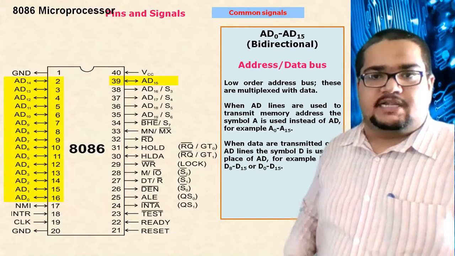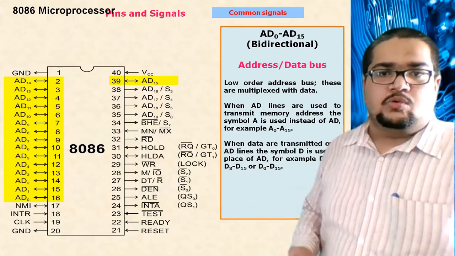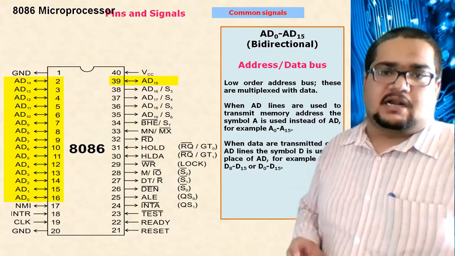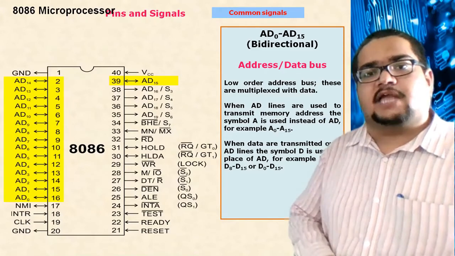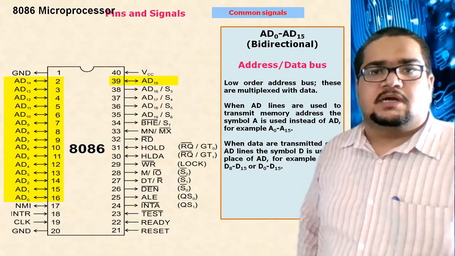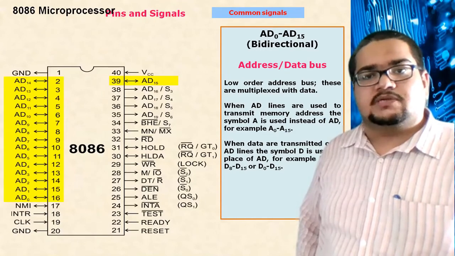There are a total of 20 address lines and 16 data lines. Now, 16 lines are common between the address and data bus. That means the same lines can function in two different modes. They can function as the address bus, address lines, or they can function as the data bus, data lines.